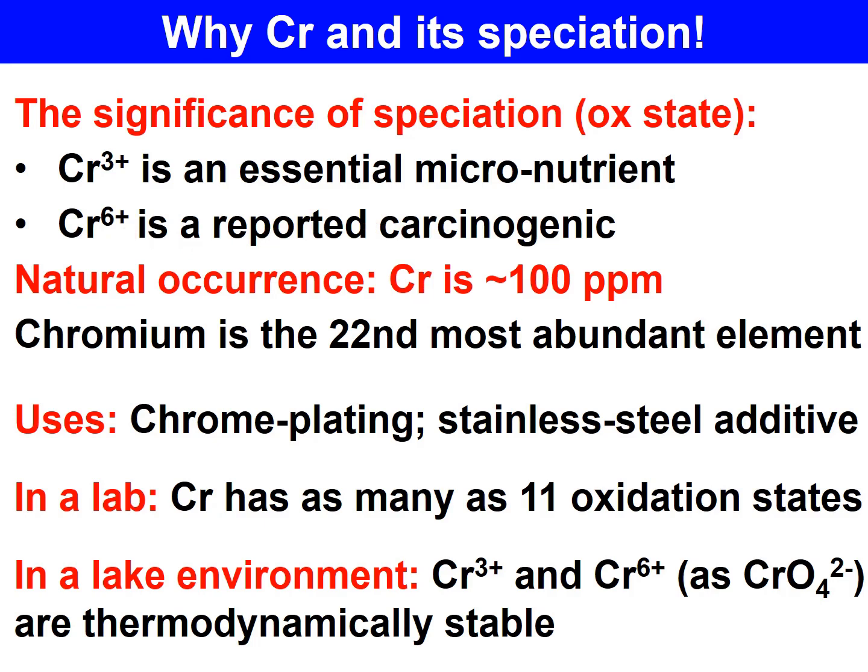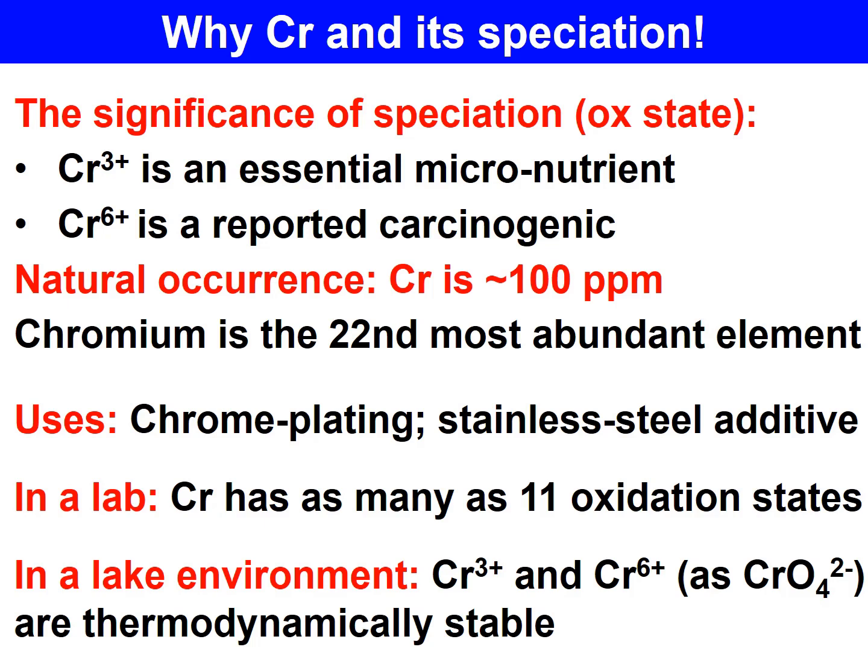Chromium occurs naturally in Earth's crust at about 100 parts per million, and chromium is the 22nd most abundant element. Uses of chromium include chromium plating, and it's a stainless steel additive, so there are multiple uses, and let's just say doorknobs and water faucets. In the lab, chromium has as many as 11 oxidation states.